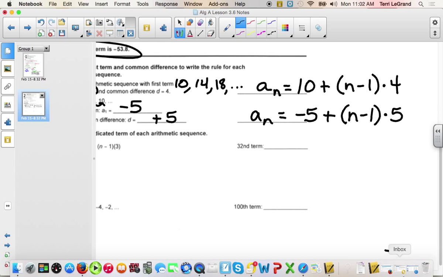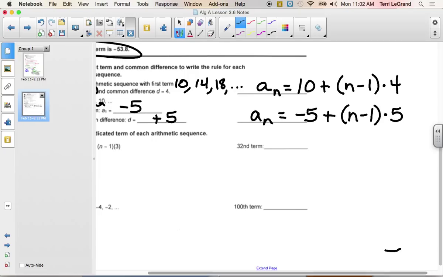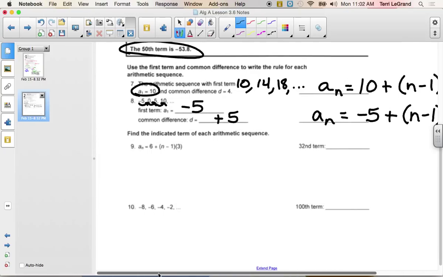Let's look at number 9 here. Okay, what are some things we're going to need to identify when we look at our sequence? Look at number 9. Oh, they actually set up the rule for us. We're just going to find, which term are we finding? The 32nd term. It says over here, we need to find the 32nd term. So 32 is really our what?